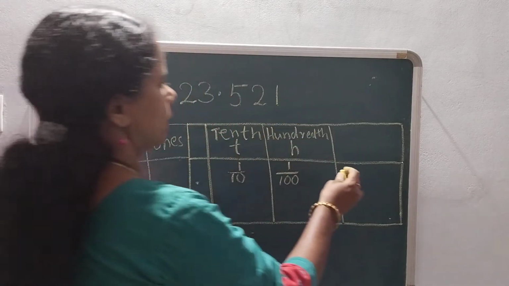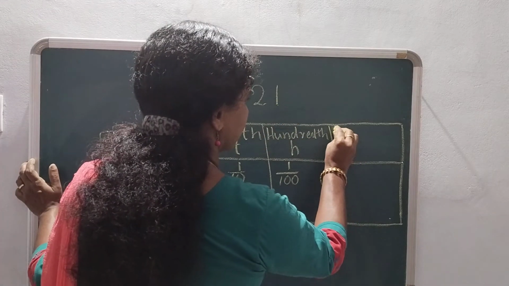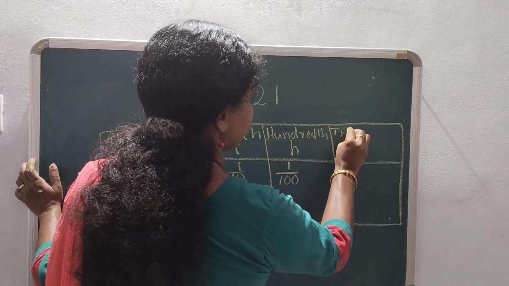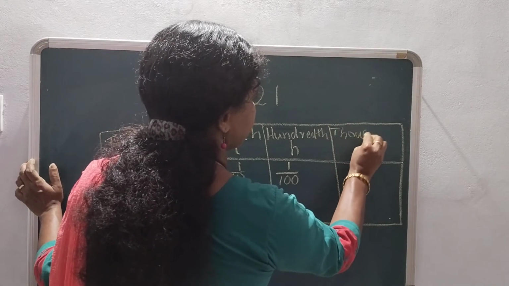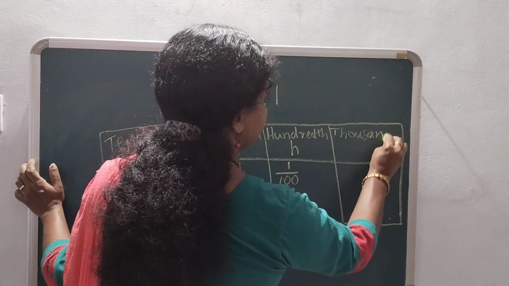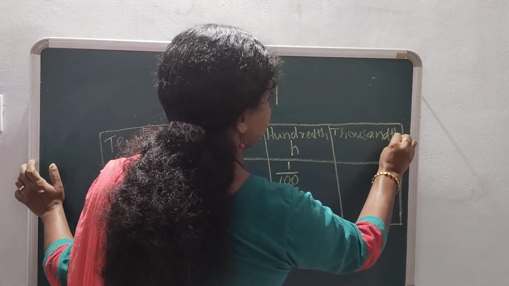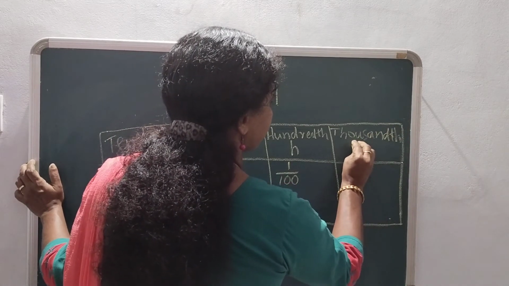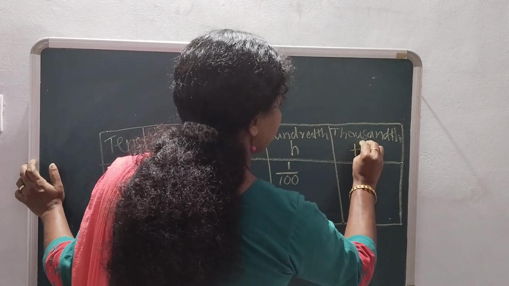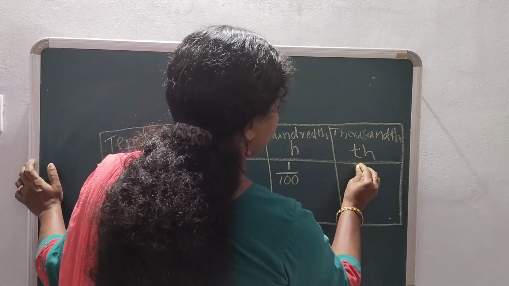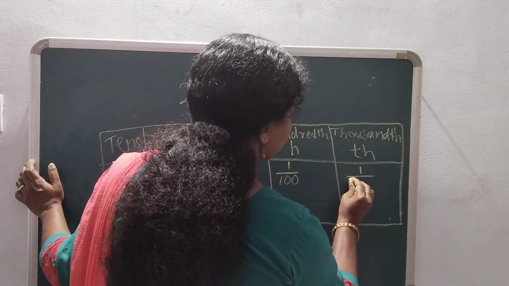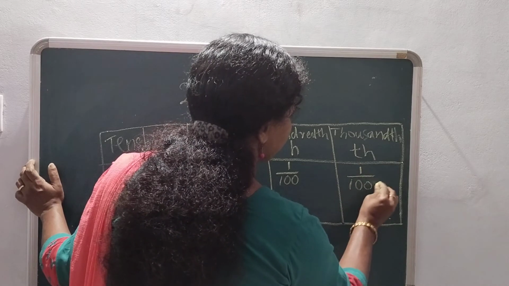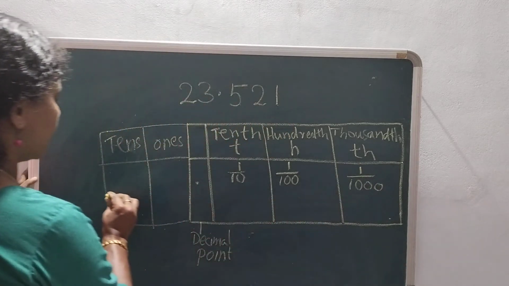Now the next one, thousandths. That we will represent with the small letters th and with the fraction 1 by 1000. Okay, that is done.